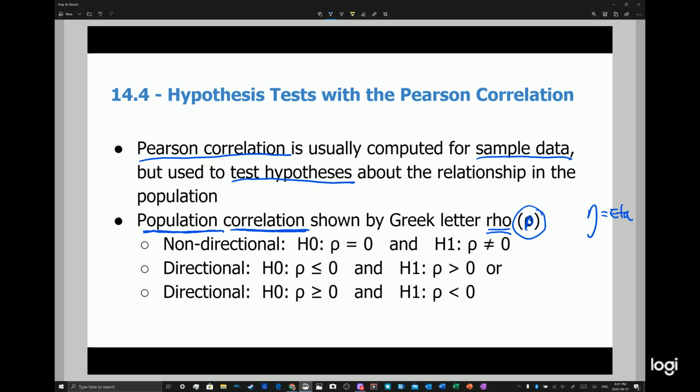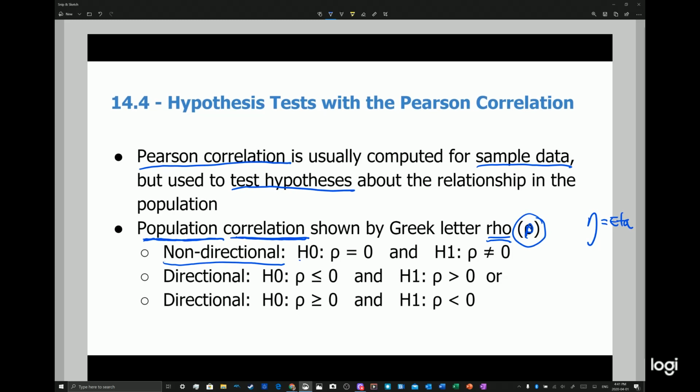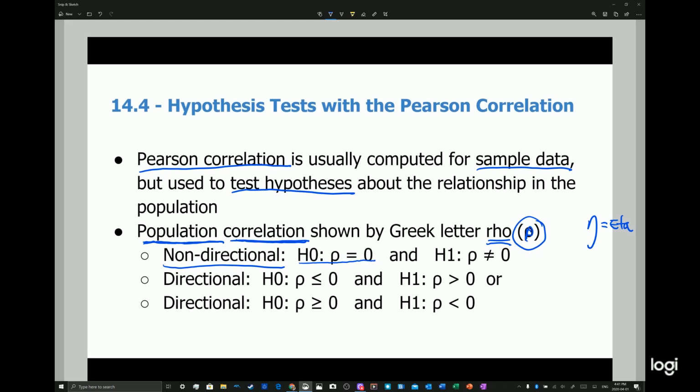Okay. And your hypotheses are very familiar if you think back to how hypothesis testing works. So, for example, the null hypothesis, which means no direction, no relation, for non-directional tests, we say there is no correlation between variable A and variable B in the population.